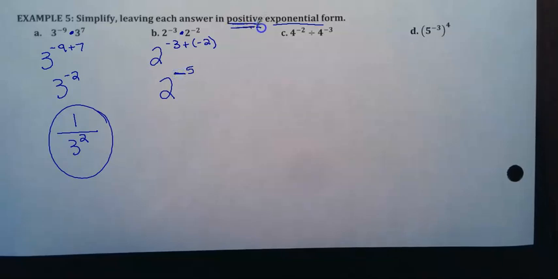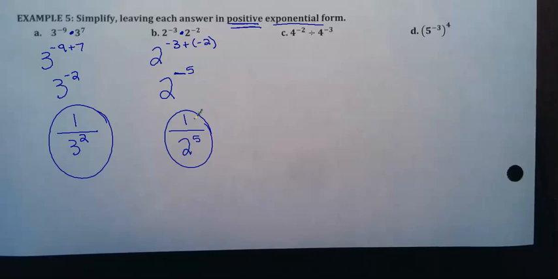It says I got to have a positive one. So it would be 2 over negative 5. Not 2 over 5. No. 1 over 2 to the 5th power. There you go. You got it. Because the base and the exponent, that whole power, that whole thing moves.